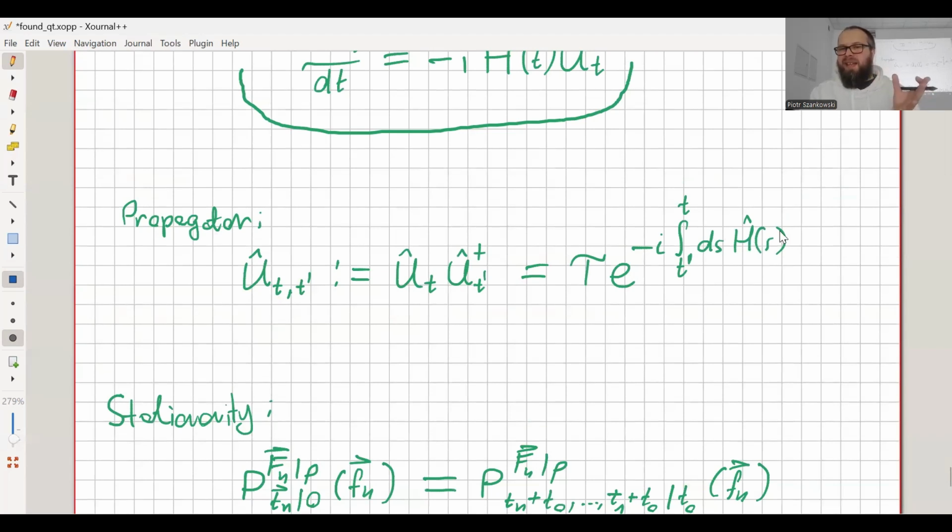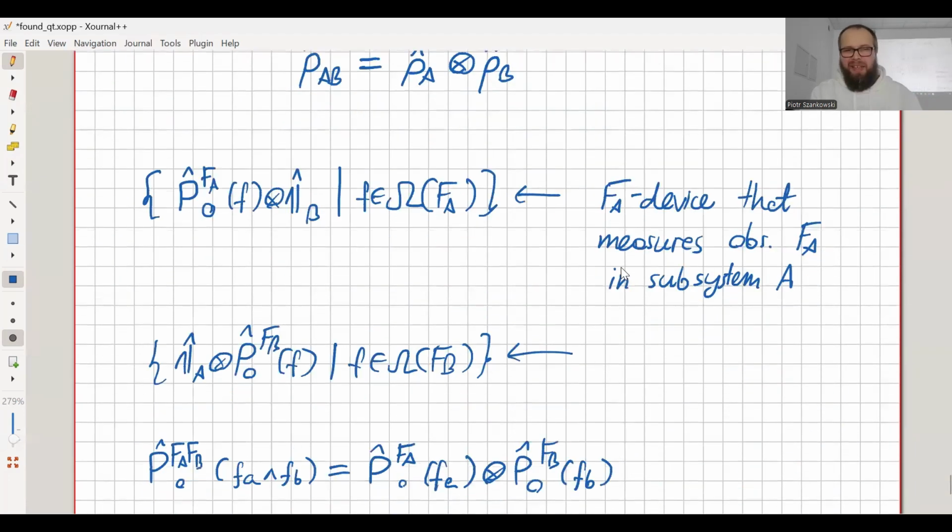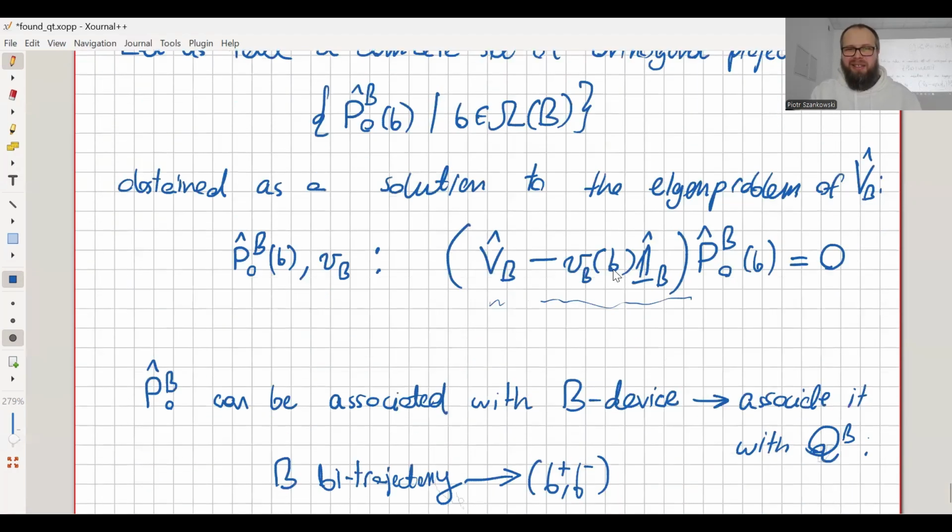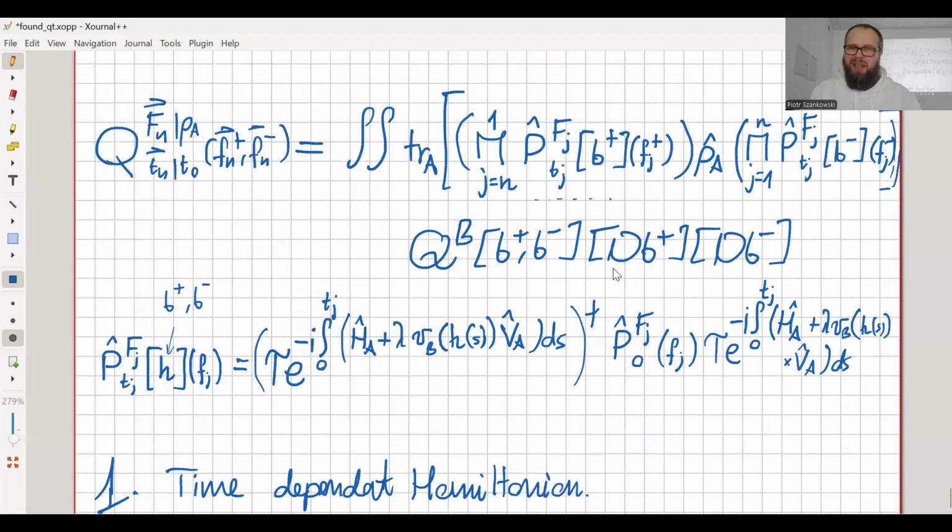And we wondered whether there are physical circumstances where time-dependent Hamiltonians would be a correct model of a system under investigation. And here we are essentially finding these circumstances.